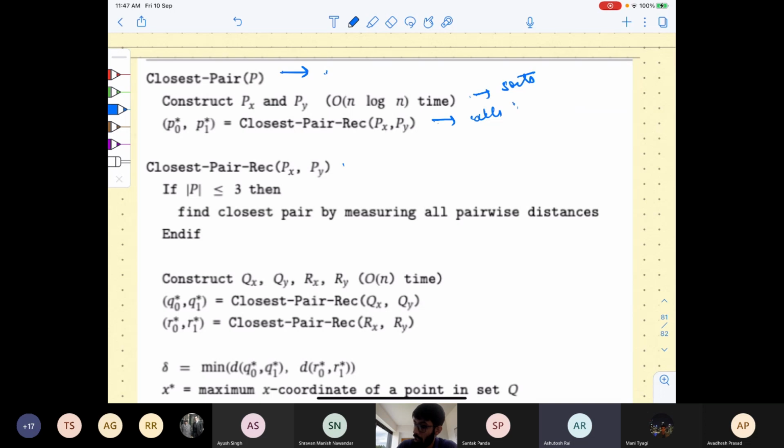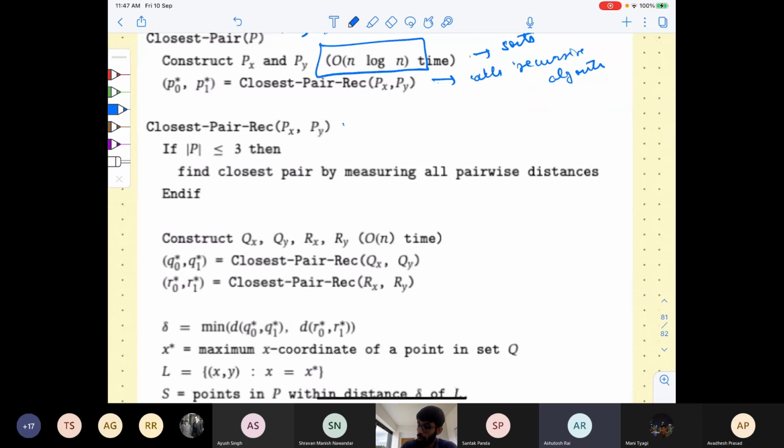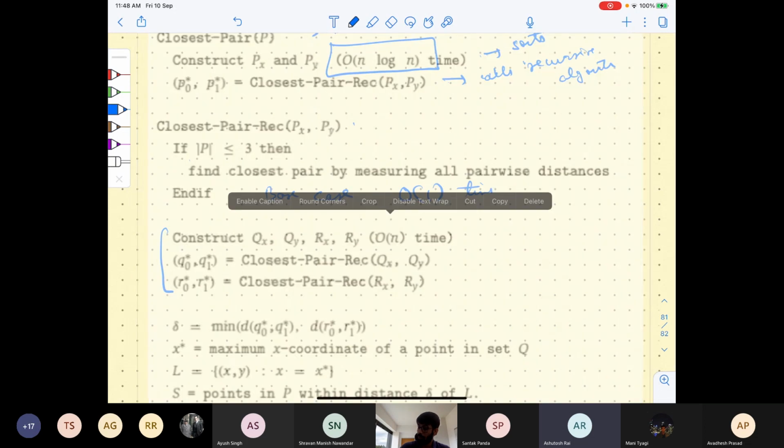This takes time order n log n. Now this is the recursive part. This is the base case: if p is less than 3, then find the closest pair by measuring all the pairwise distances. This is constant time, let's say order 1 times c. Now these are the recursive calls.